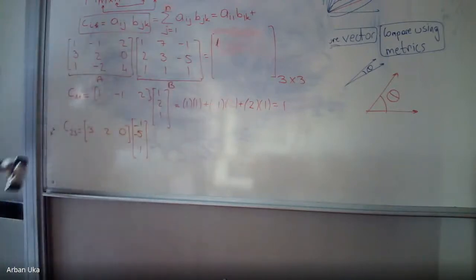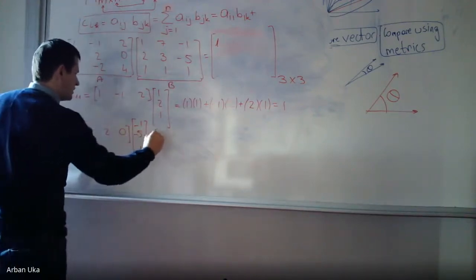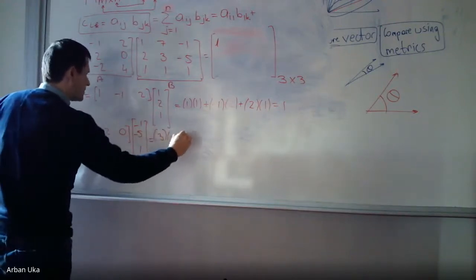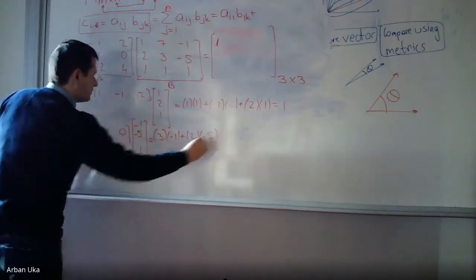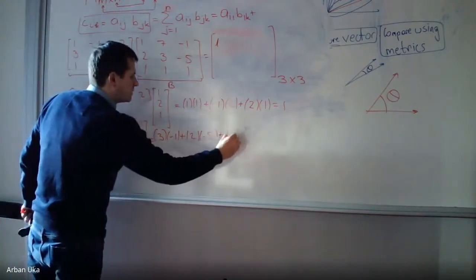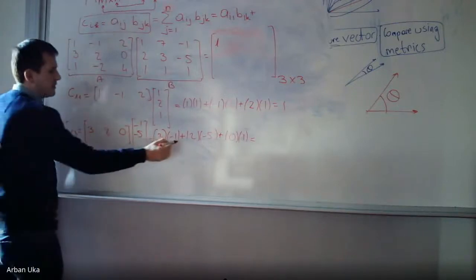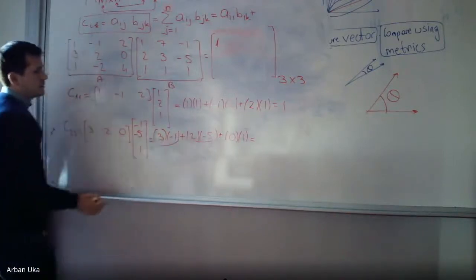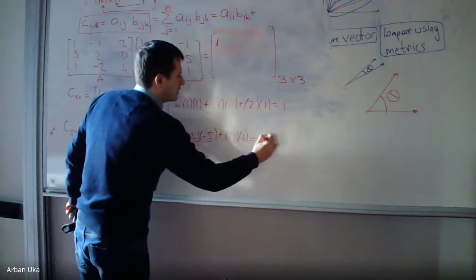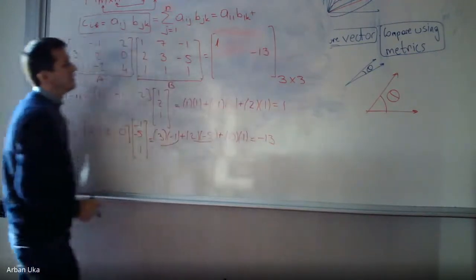Then, looking for C23, we have the following. This is going to be equal to 3 times minus 1, plus 2 times minus 5, plus 0 times 1. This is minus 3, minus 10, which is minus 13. So here we have minus 13.